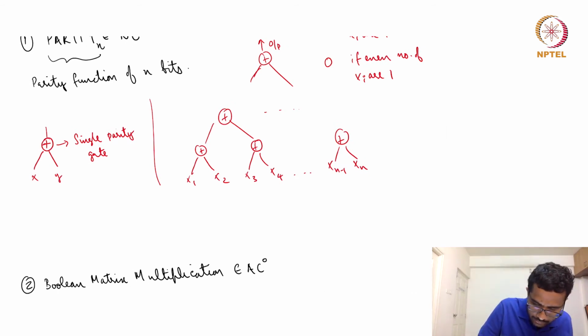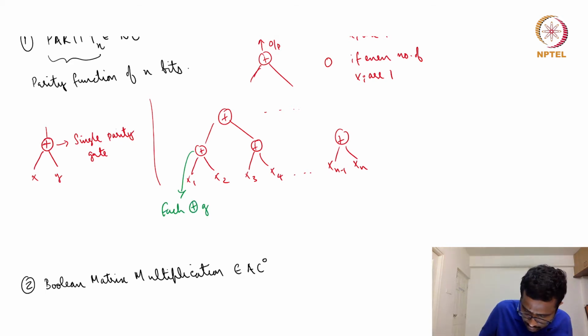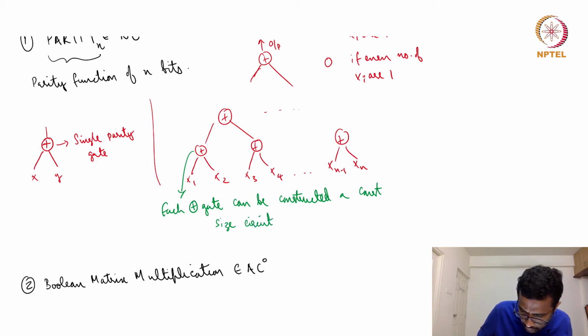I'll just write that each parity gate can be constructed by a constant size circuit using AND, OR and NOT.